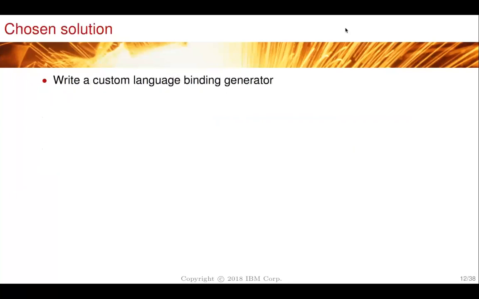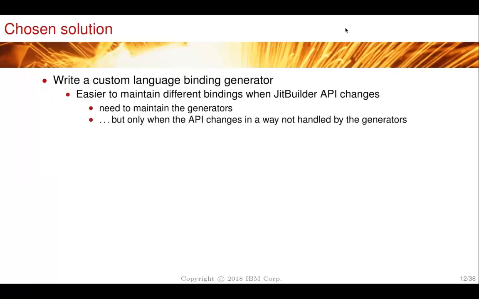So finally, what we decided to do was to write a custom language binding generator. Our rationale being that it would provide us the benefit of not having to maintain n different language bindings manually. We would need to maintain the generators, but really the only work we would have to do would be to update the generators when we change the JitBuilder API in such a fundamental way that the generator does not currently handle.